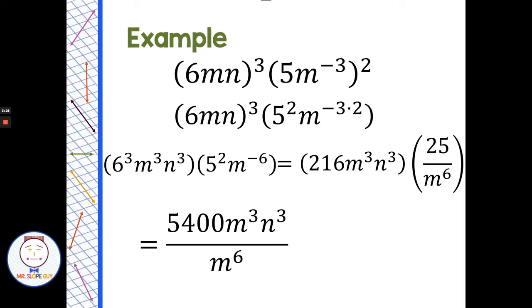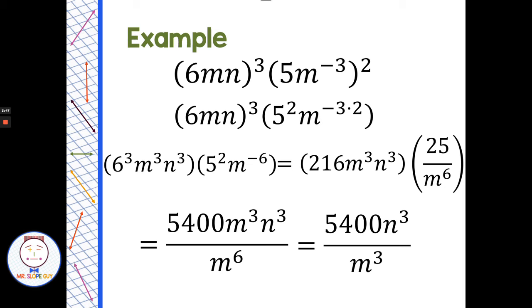Remember when we talked about dividing fractions, we talked about subtracting exponents or canceling common factors. If I think of this as canceling common factors, these m's that are being multiplied on the top 3 times and m being multiplied 6 times on the bottom, the m's will cancel out and we'll end up with 3 extra m's on the bottom.